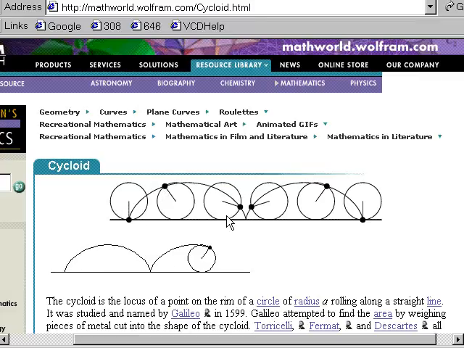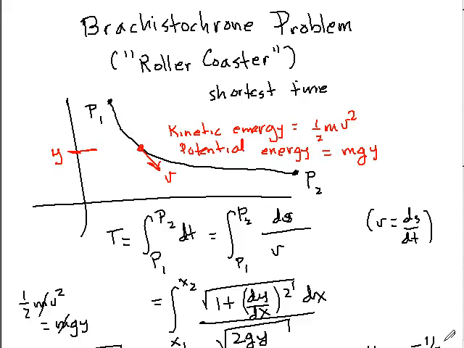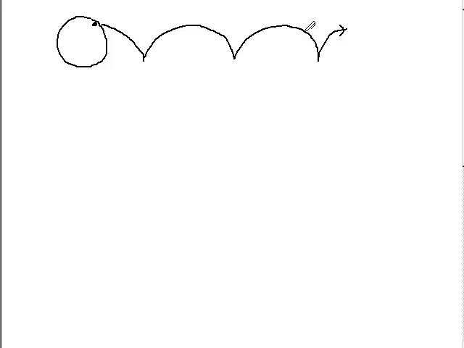So if I take a circle and roll it around, it'll look like this. Now if I turn it upside down and then take a piece like this, that will be a solution of the brachistochrone problem.